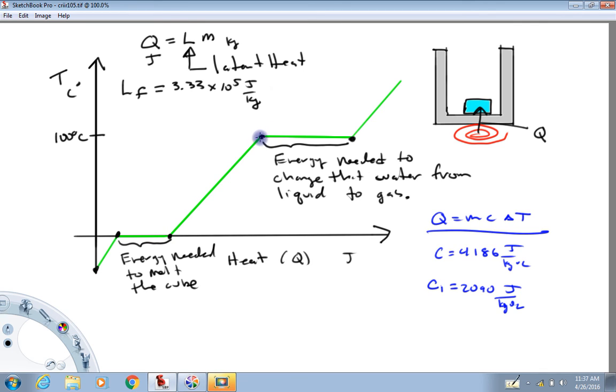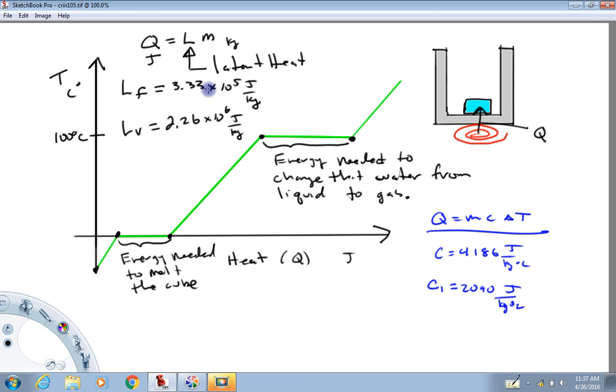Right. The other latent heat, the latent heat for going from liquid to gas, is called the latent heat of vaporization. For water, the latent heat of vaporization is 2.26 times 10 to the 6 joules per kilogram. Now, one thing I'd like to point out right now, when you're looking at this, you'll notice that the latent heat of vaporization is about 9 times bigger than the latent heat of fusion.